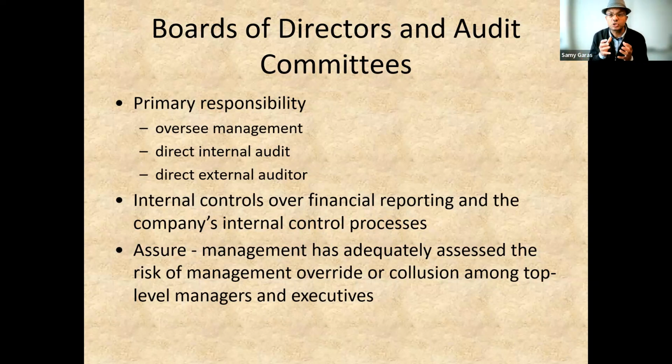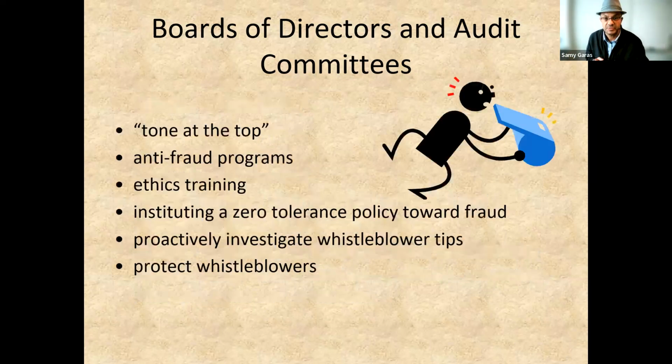The board of directors should embrace this framework and see how it can be applied in the company, to make sure the financial statements come through rigorous review and that all the data in the financial statements are correct and reliable. The third one: the board of directors will assure that management has assessed the risk and tried to take precautions to avoid any collusion or override that might happen to the system.